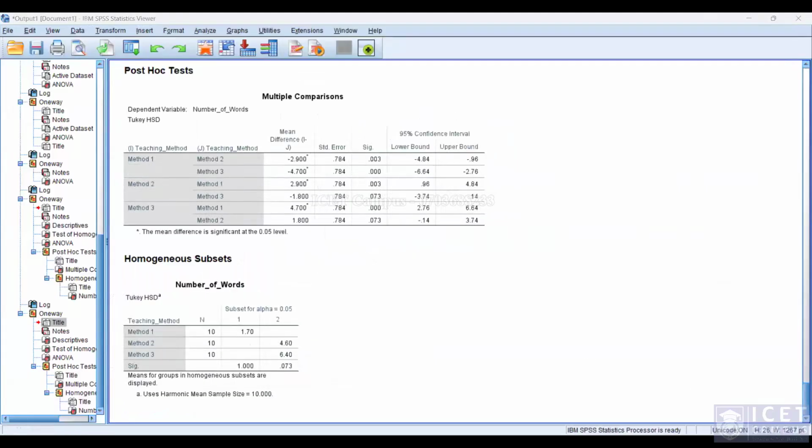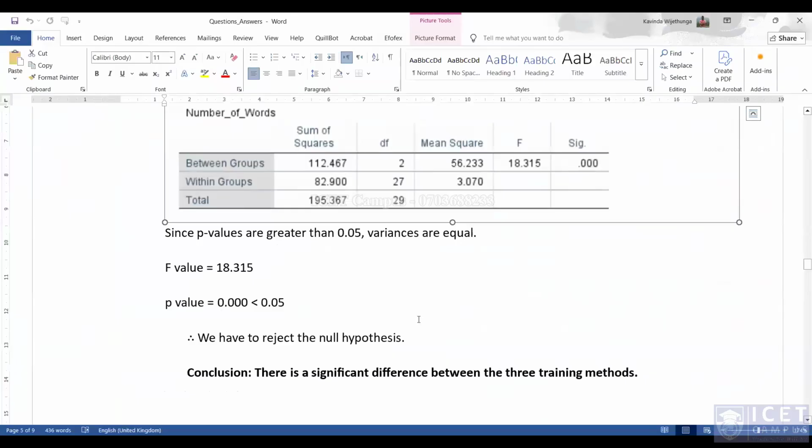Right, then we'll see how to interpret this. So you see, F value is 18.315 and P value is 0.000. Here also you can see P value 0.000. Right, since the P value is less than 0.05, let's go for this output.